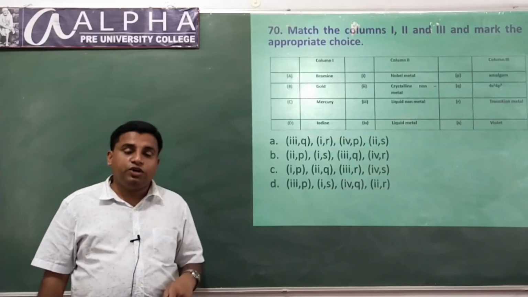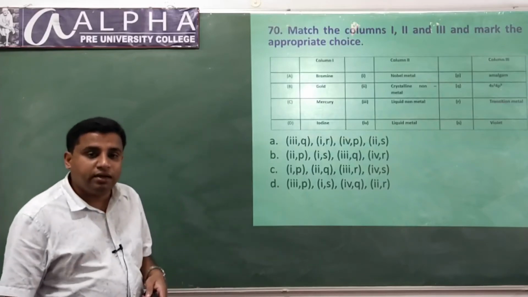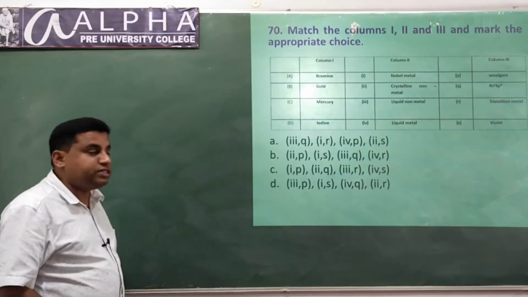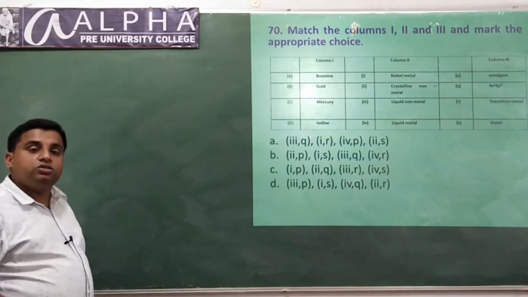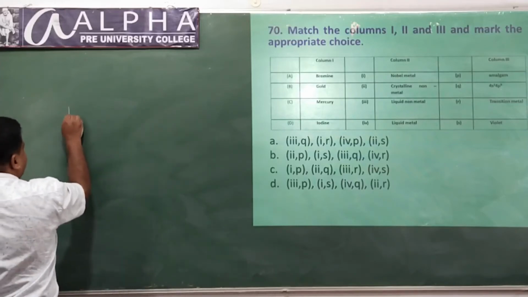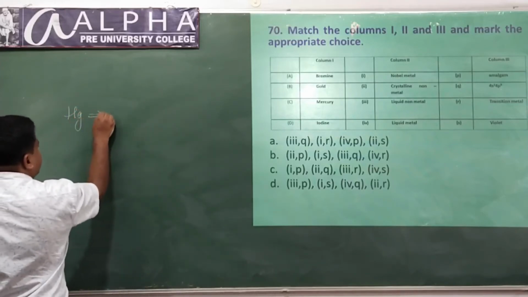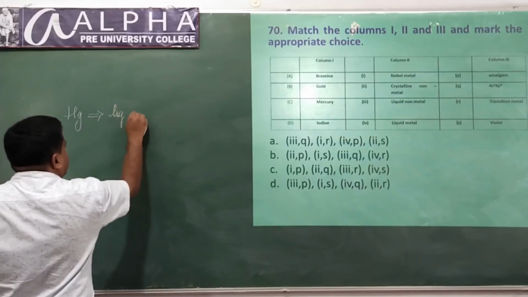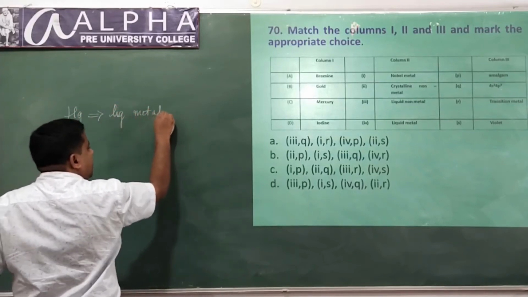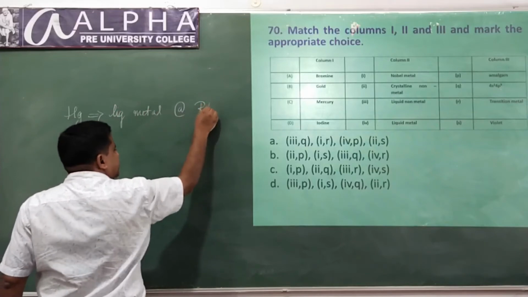See, in the previous video I told you which is a liquid metal. There is only one metal which is in liquid state. All other metals are in solid state. Only mercury is a liquid metal at room temperature.